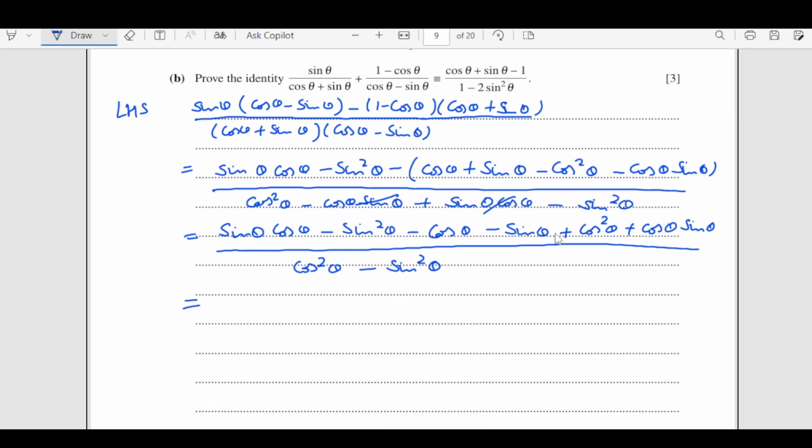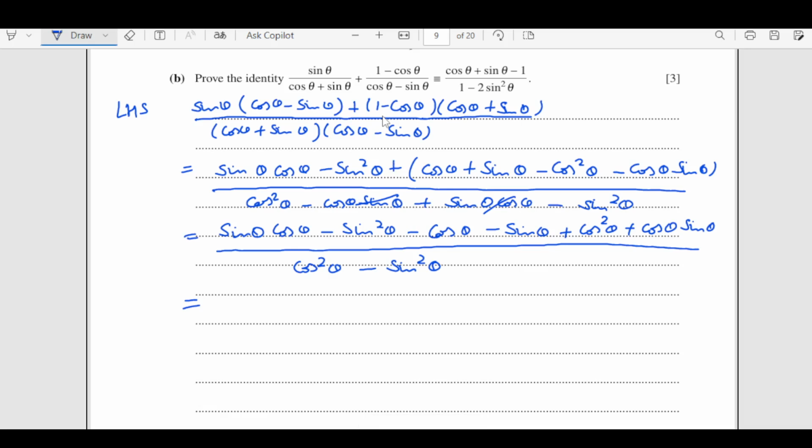I think this is positive sine theta cos theta, then we have sine squared theta cos theta plus sine theta. We had a negative sign here, sorry guys, you see there is a plus sign here, sorry.